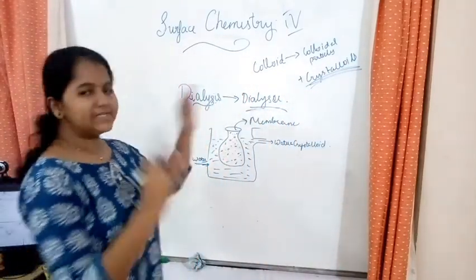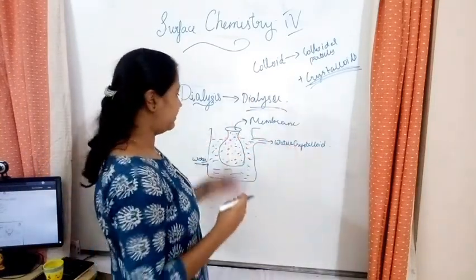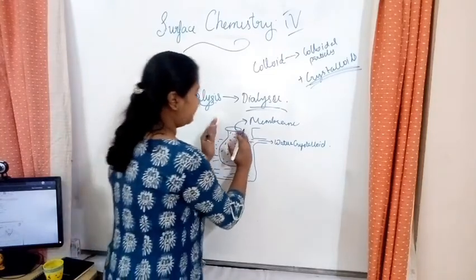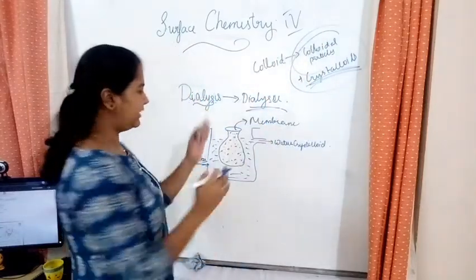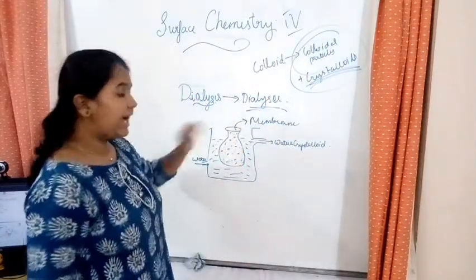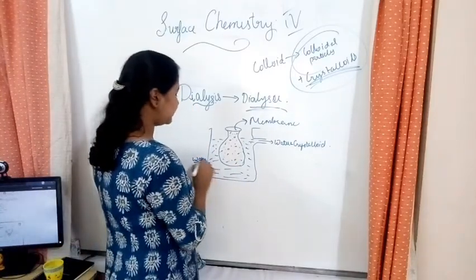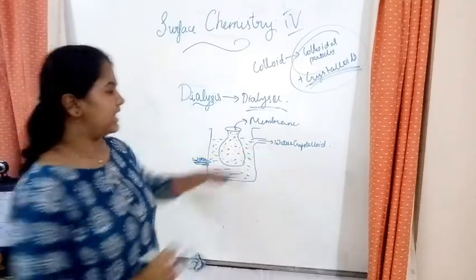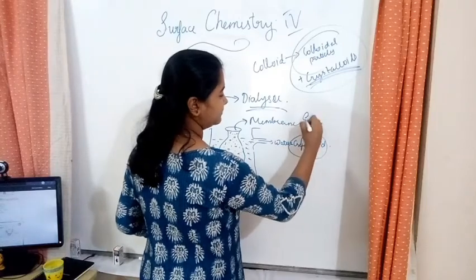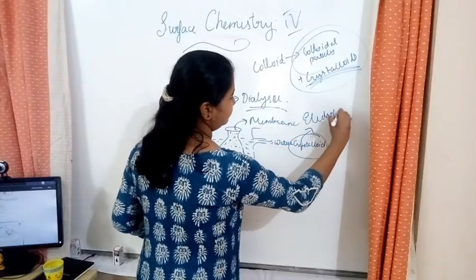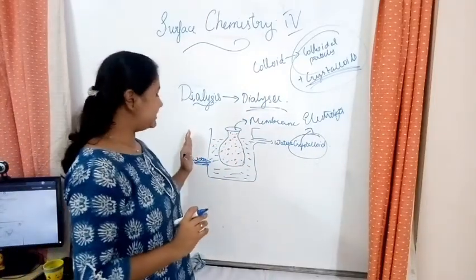So what you will do is take a membrane, an animal membrane or a parchment paper or a cellophane sheet, anything, a membrane. Inside that, the whole colloidal solution is kept. That membrane is in a tank where water is continuously supplied, and there is an opening for the water and the crystalloid, the electrolyte, to move out.